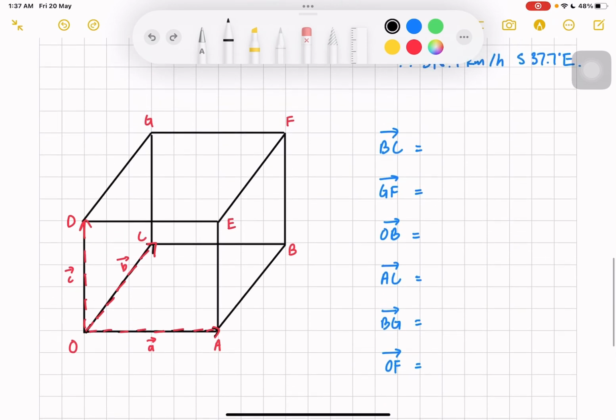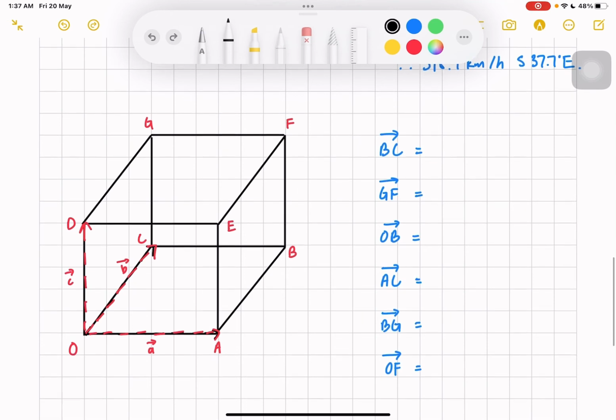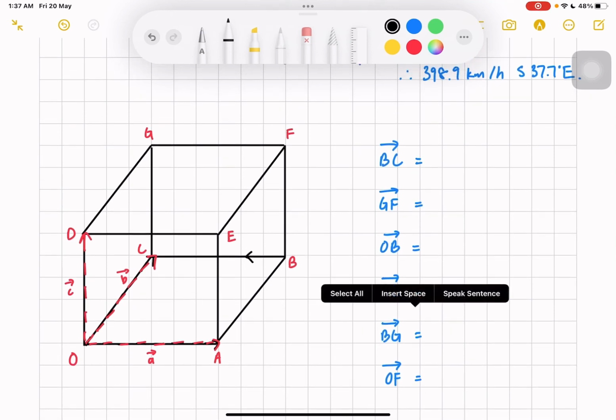Next, given a cube, we have to write each vector in terms of vectors A, B, and C. So vector BC is just the opposite of vector A, because vector A is parallel to this, parallel to this, parallel to this. So we can just write negative vector A. Vector GF.